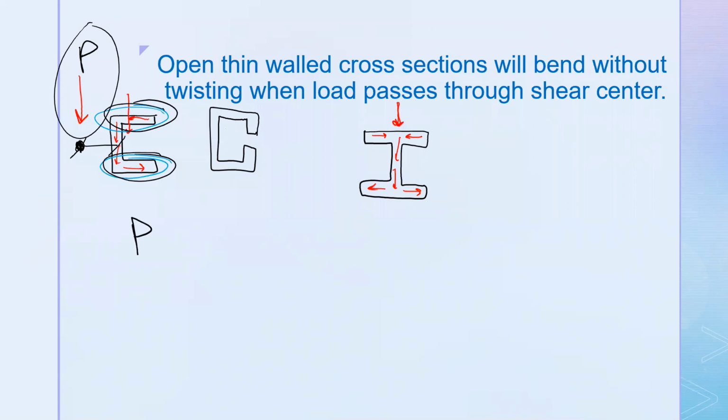So we know that the moment, if we call this E, the moment PE, where E is measured to the center line of that vertical member, has to be equal to the force in the flange, which we got by integrating the Q. Q was a linear function, and so we're going to integrate that over the flange, and we multiply it by D, where D is that center line to center line distance between the two flanges.